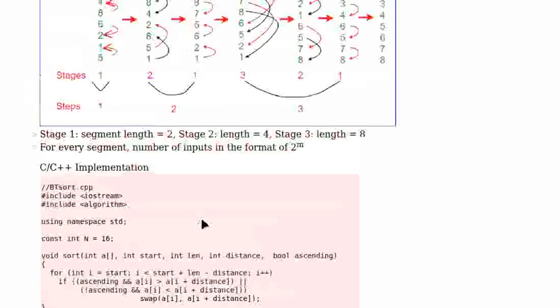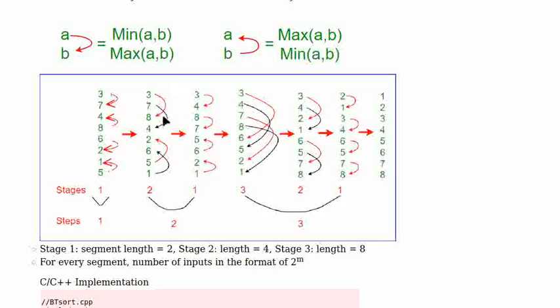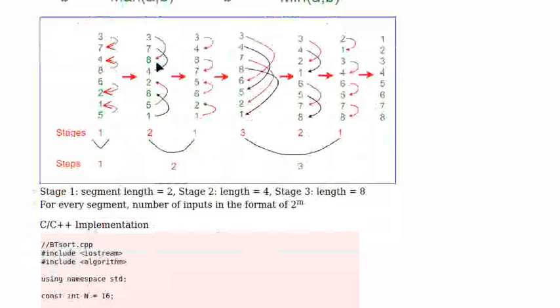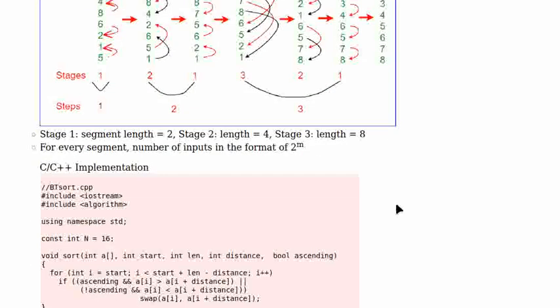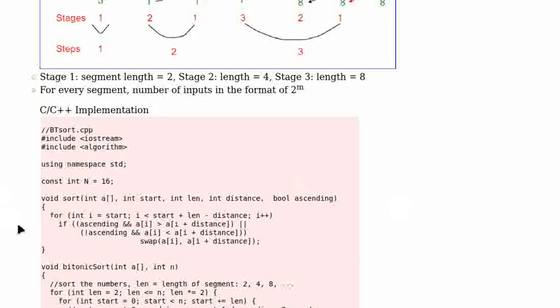And for this case, you have to do it twice. And here, if the pair is out of order, if we want to sort it in ascending order, and if A[I] is larger than the partner A[I plus distance], then we make a swap.